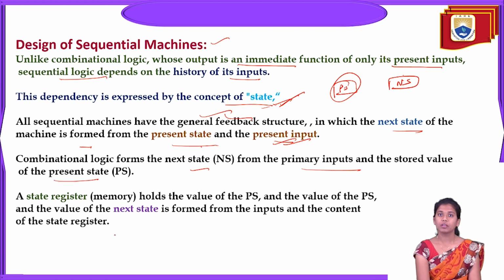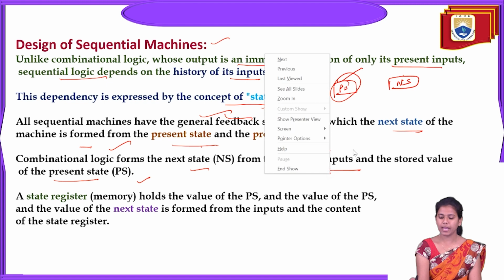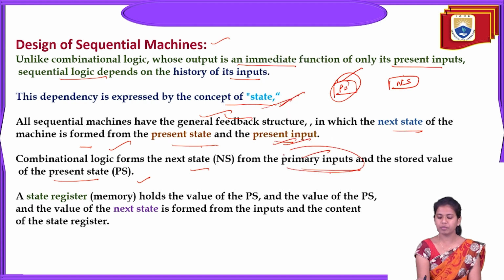So the important thing to be remembered is that the next state is always formed based on the present state. How is this present state formed? The present state is formed from the primary inputs and the stored value of the present state.